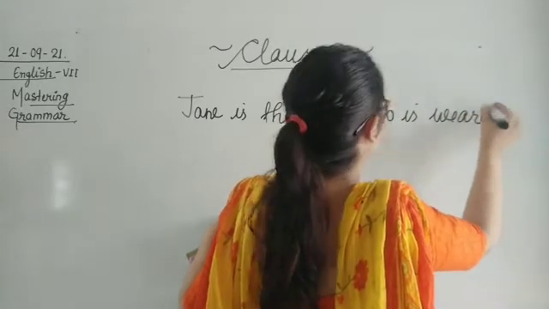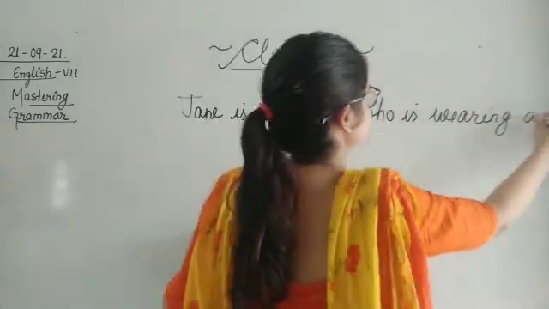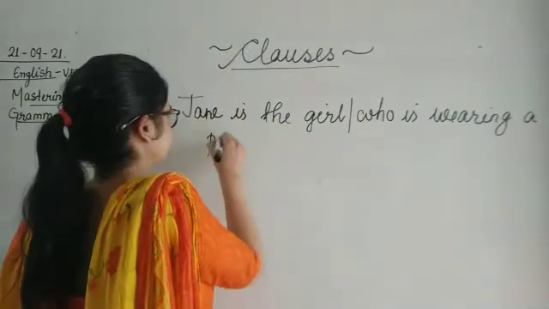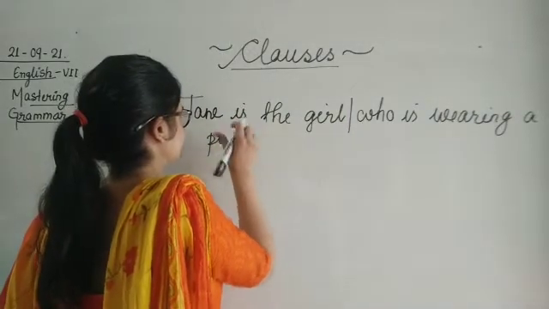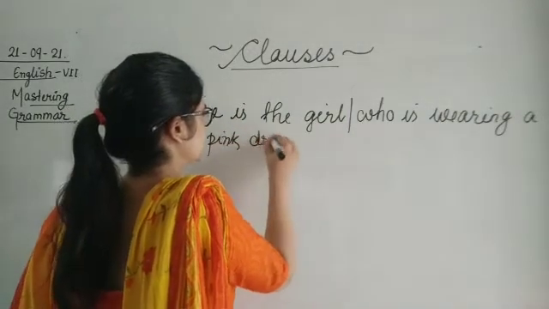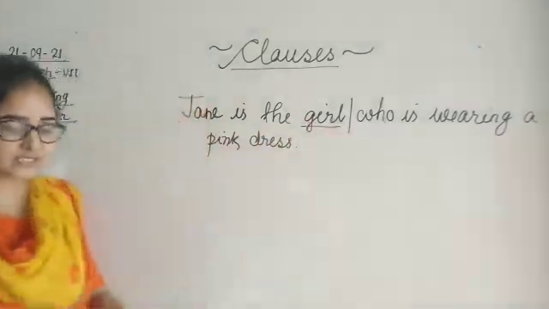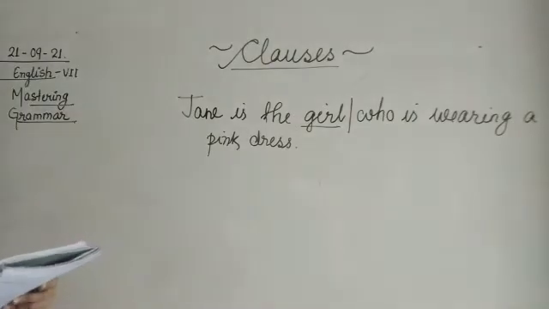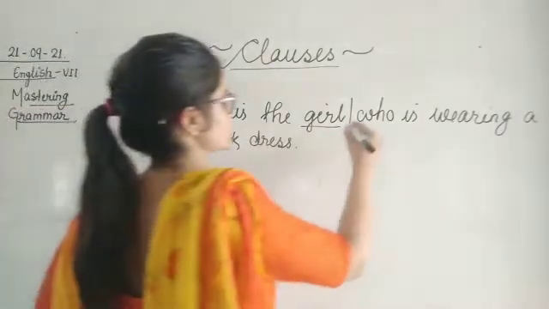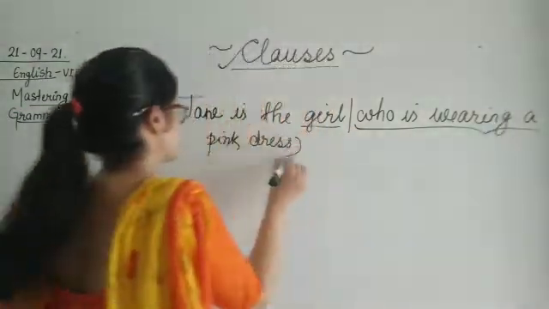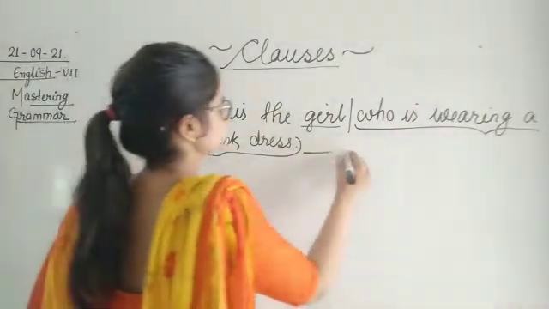This, who is wearing a pink dress, is describing the girl, that means she is wearing the pink dress. So here we know this is the adjective clause. This whole part is our adjective clause. Yes, children?